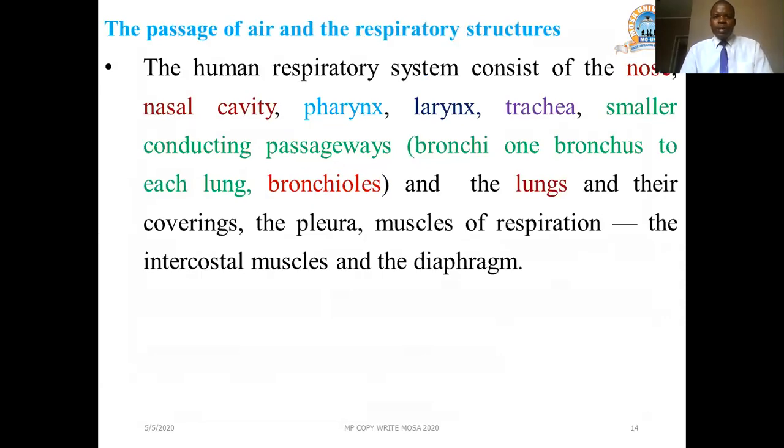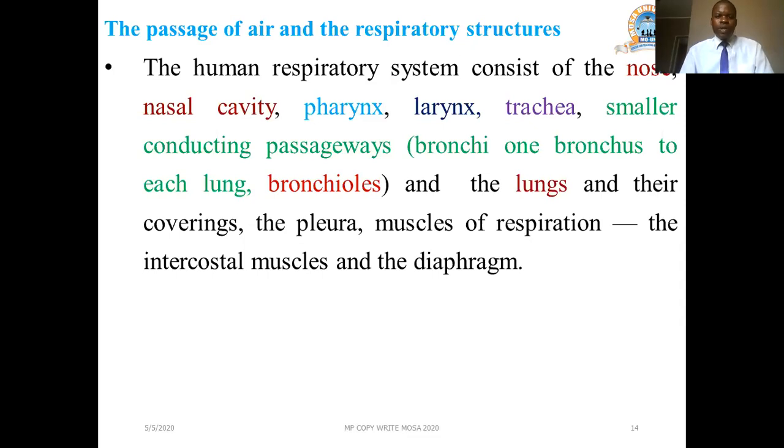The passage of air and the respiratory structures. The human respiratory system consists of the nasal cavity, pharynx, larynx, trachea, smaller conducting passageways, bronchi and bronchioles, and the lungs and their coverings, the pleura, and the muscles of respiration, the intercostal muscles and the diaphragm.